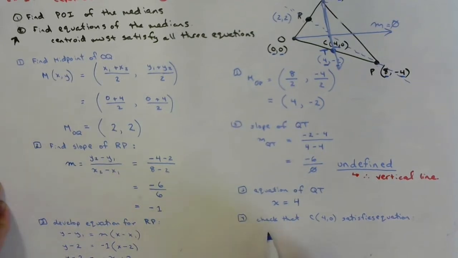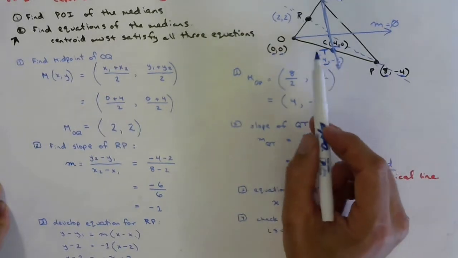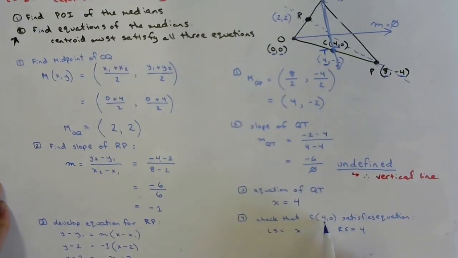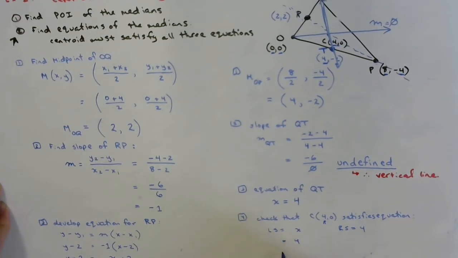There is no y, but I've got left side equals x, and right side equals 4, and I can plug in my value for x from my centroid, 4, and yep, 4 equals 4. So left side does equal right side, that checks out.